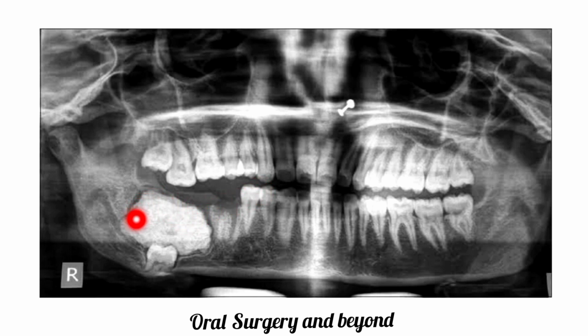This is a radio-opaque pathology surrounded by thin radiolucent margins. It mostly looks like an odontoma, and it is also associated with an impacted tooth. Mostly the cystic lining formation, like in a dentigerous cyst, starts with the impacted tooth also.